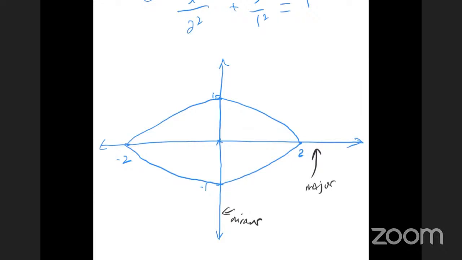All right, so we need to find C. C is the square root of A squared minus B squared. That's the square root of what? 3, right? So here will be root 3. Well, it'll be a little further back. Here will be root 3, here will be minus root 3. So your diagram must show the foci. That's okay?